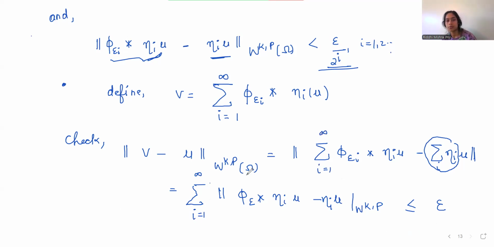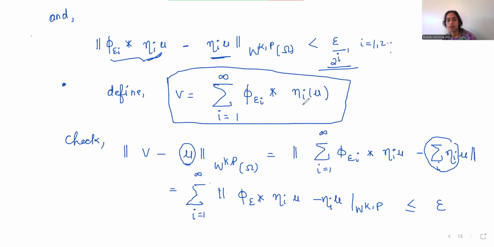This proves that u is approximated by this function v. And here your eta_i u is in W^{k,p}. So that's why this modification is a smooth function in the intersection with W^{k,p}. It's not only smooth, it has an extra property because it is in Sobolev. Yeah, I will end here.